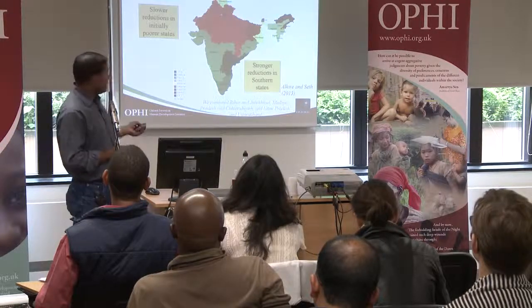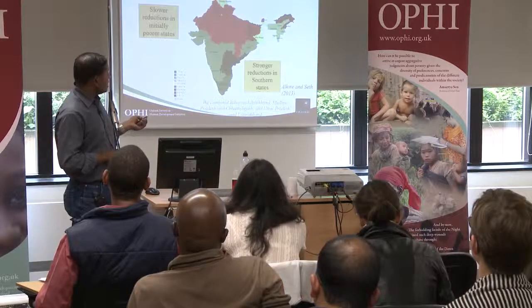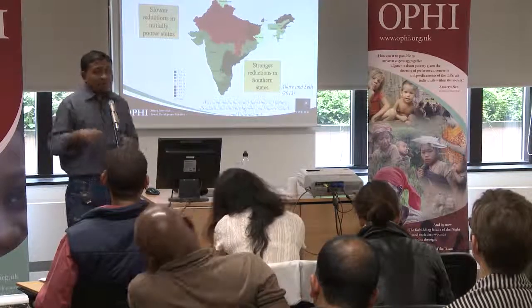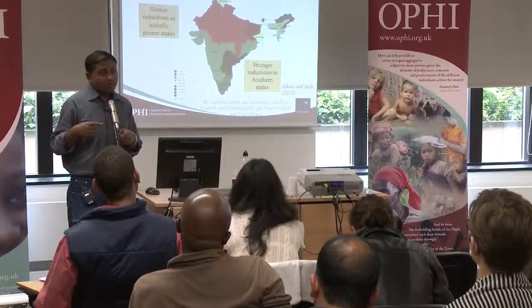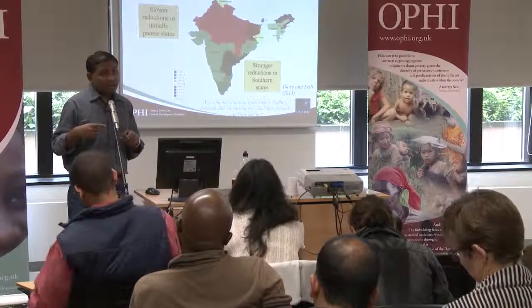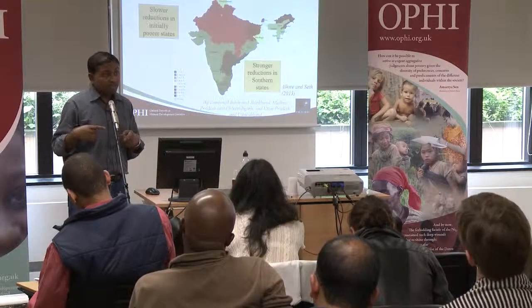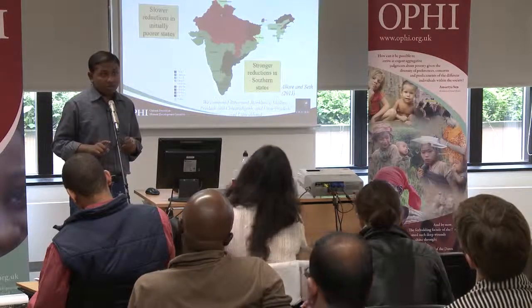They did not make significant progress. It was very unlike the income poverty reduction actually. In income poverty reduction, we found larger states made larger progress, at least in terms of absolute reduction in poverty. In terms of multidimensional poverty, they did not.